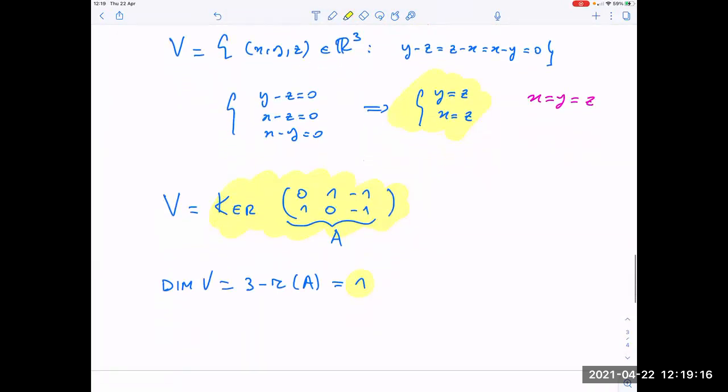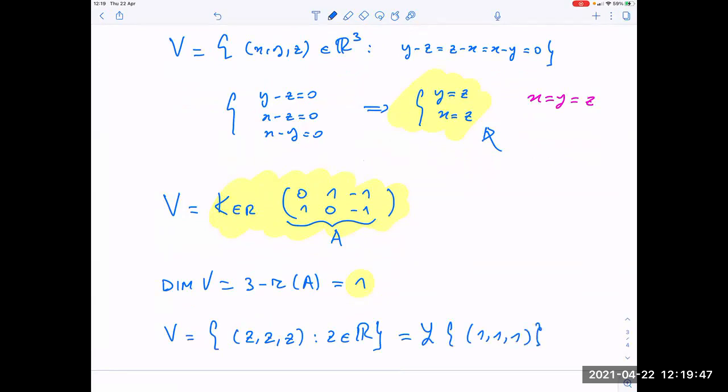And also, I can find a basis by looking at the kernel as a solution space. So I have to find the values of X, Y, Z satisfying this equation. But you see, they are of the shape Z, Z, Z, such that Z is a real number. And now this is the linear span of (1, 1, 1). Not a surprise, right? You just factor Z out. And since you have only one vector, which is not 0, the set formed by that vector is a basis.